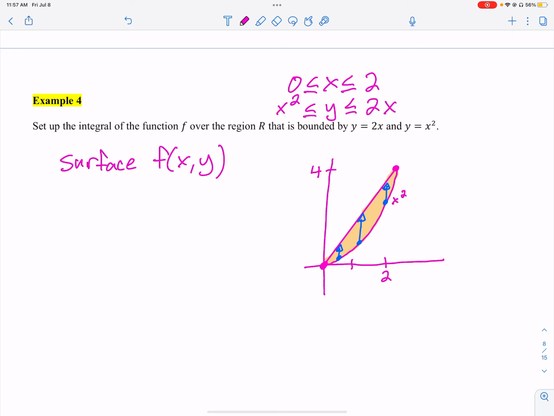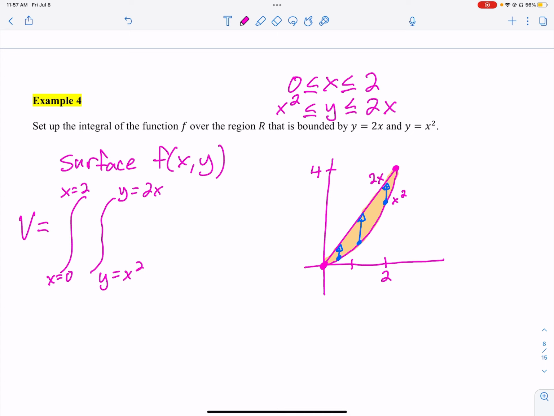This curvy one was x squared, this was 2x. We have a bottom curve and a top curve. So if I'm finding the volume of the surface, it would make sense that y goes from x squared to 2x. I can't put that on the outside because my answer in the end will have x's then. Then that means x goes from 0 to 2.